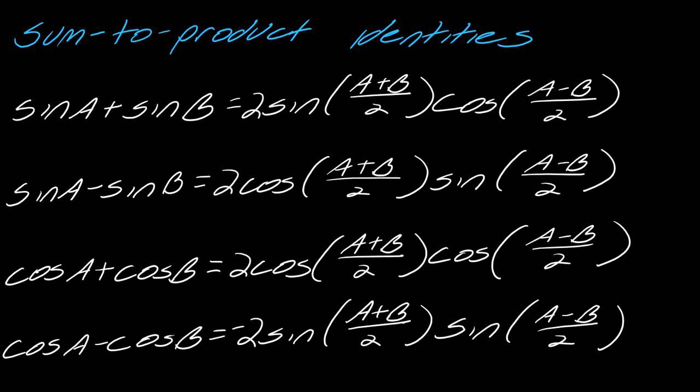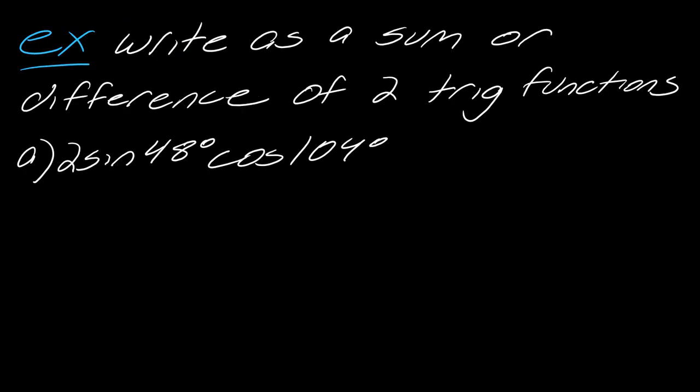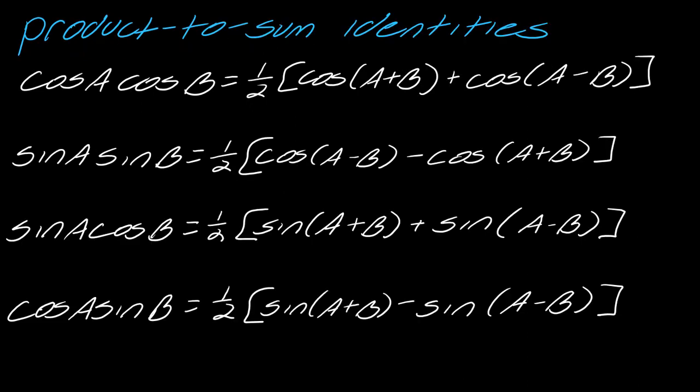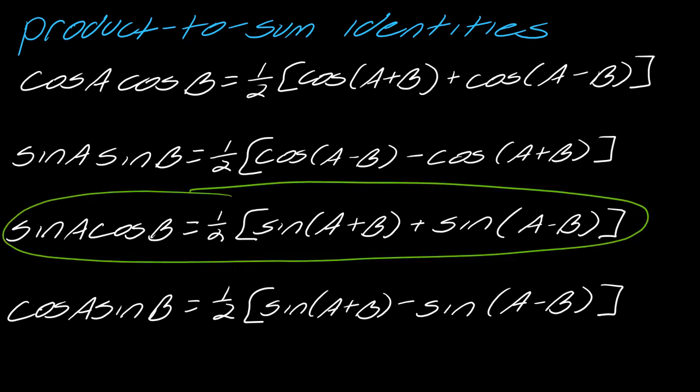Okay, so now I just really want to show you how to use these identities. So what are some exercises that could come up? One way you could use these would be, write as a sum or difference of 2 trig functions. So I have this here, and if I look at my list of product to sum identities, that was sine times cosine. So I really need to use this identity here because this is sine of something times cosine of something.